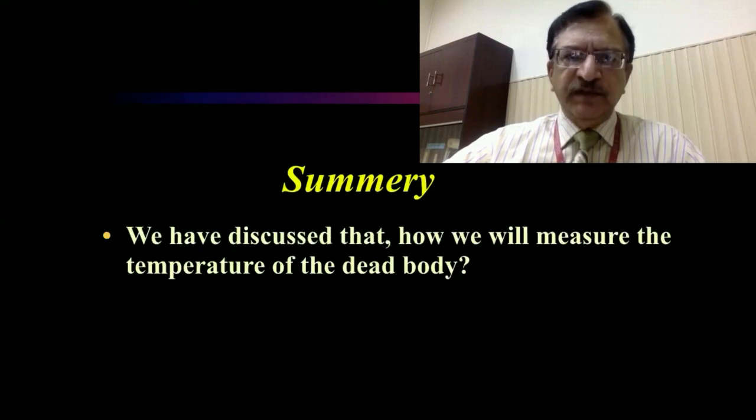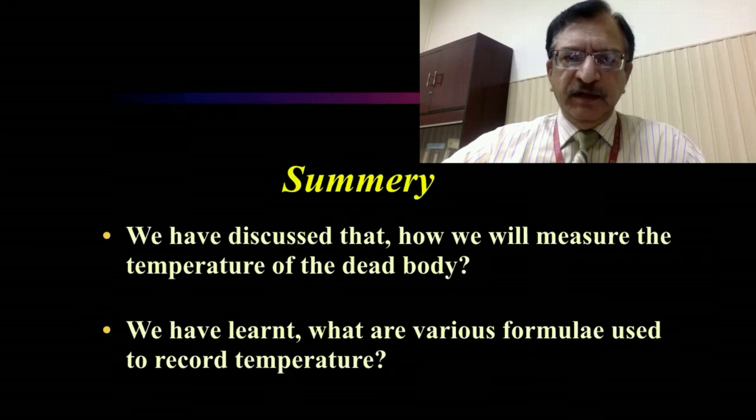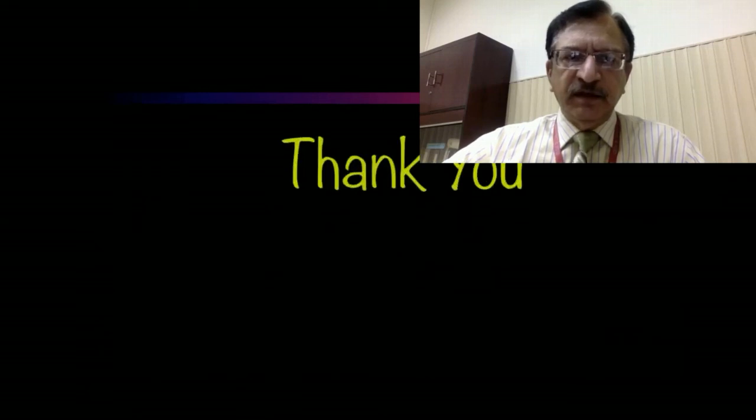And we have discussed the various methods to measure the temperature and various formulas which help us in recording the temperature. So in short, temperature recording after death gives us an idea, but it's not as reliable a method as other methods. Thank you very much.